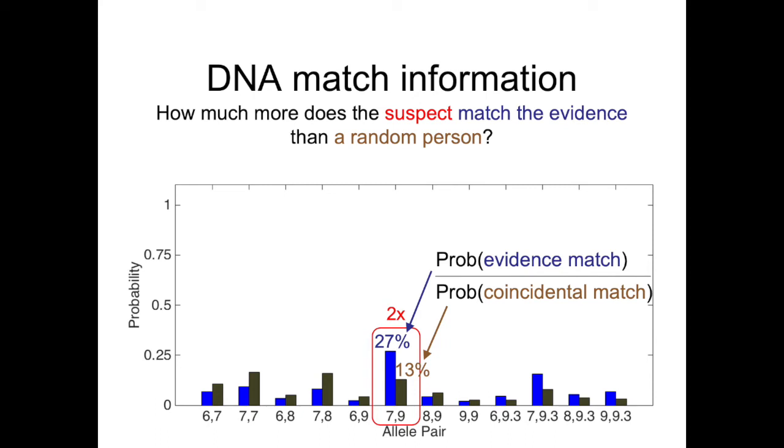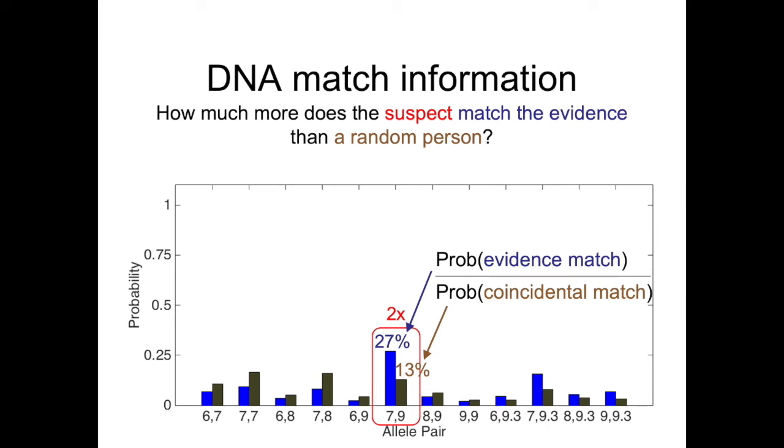If that was somebody you were comparing with, that number would be less than 1, because the blue is half the height of the brown. It would be a half. That would point away from someone. Sometimes the levels are about equal, and then that's not telling you anything. Nothing changed. So a match statistic is the change in probability at the comparison genotype.